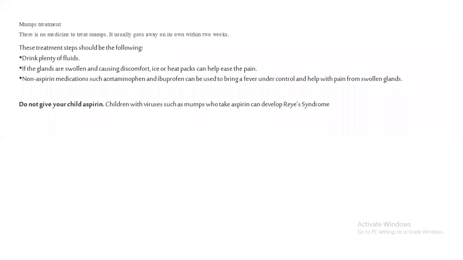Non-aspirin medications such as acetaminophen and ibuprofen can be used to bring fever under control and help with pain from swollen glands. Do not give your children aspirin. Children with a virus such as mumps who take aspirin can develop Reye syndrome.